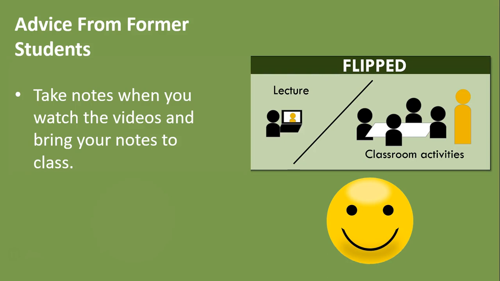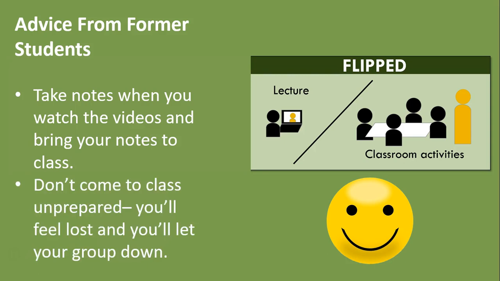You need to take it seriously, just like you would if you were sitting in a class listening to a lecture. The second thing my students have said is that you should never come to class unprepared, because you're going to feel lost, and when you're working with a group, you'll let your group members down. They won't be able to rely on you at all to help them along.